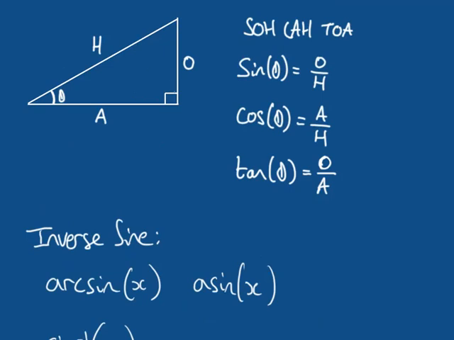We know this because our right angle itself is 90 degrees, and we saw in volume 1 that the three interior angles of a triangle add up together to 180 degrees. So we know if in total all three angles are 180 degrees and this angle is 90, that means these other two angles must add to 90 degrees.